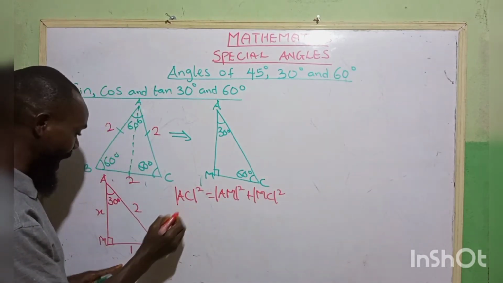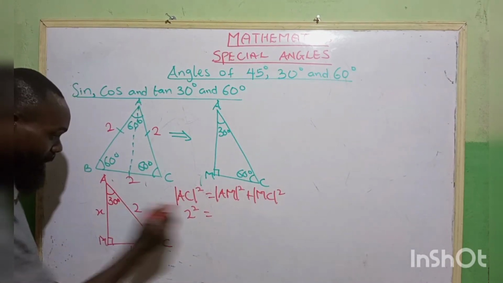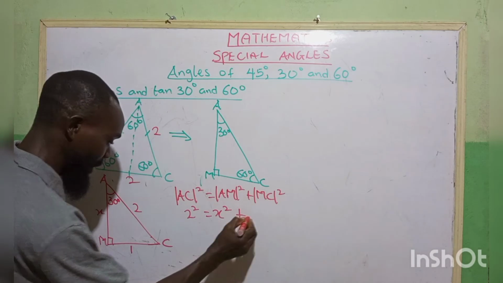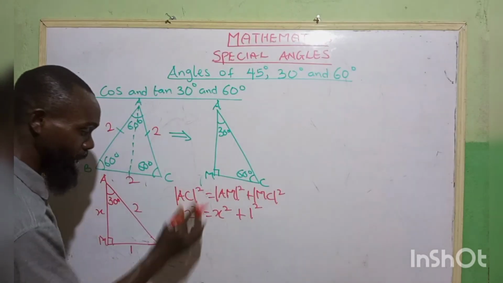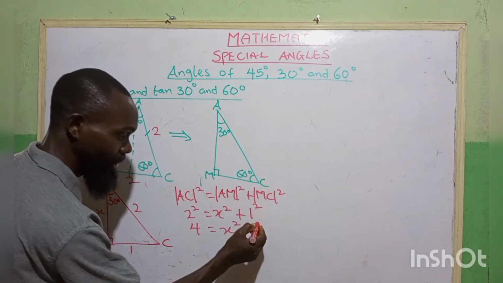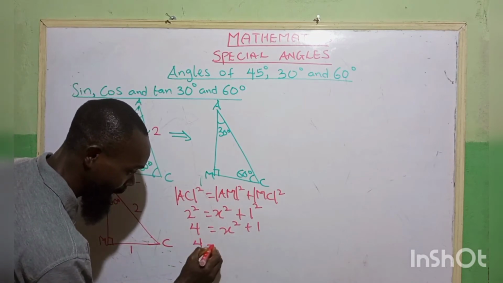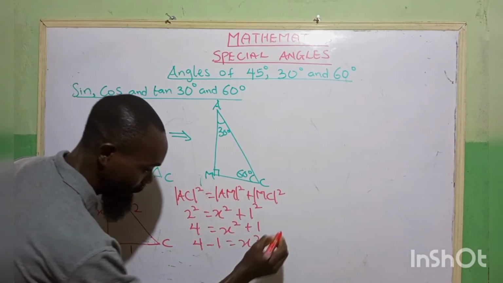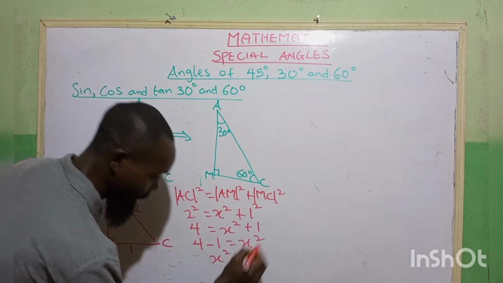So here I have line AC, which is 2 squared, equals line AM, which is x squared, plus MC, which is 1 squared. So 2 squared gives 4, equals x squared plus 1 squared, which is 1. Now we collect like terms: 4 minus 1 equals x squared. So from here, x squared is equal to 3.